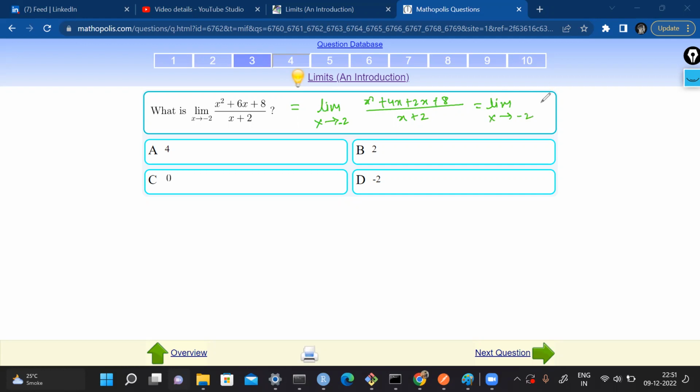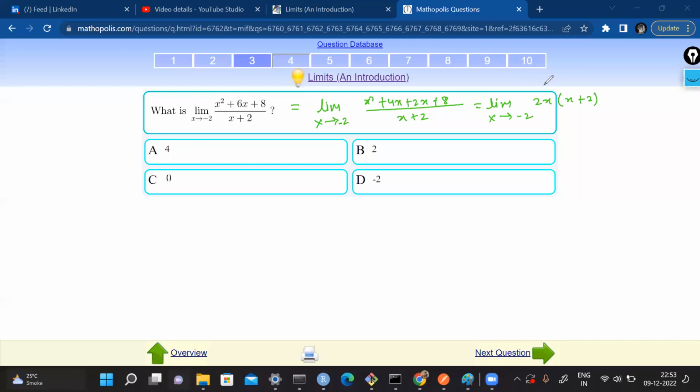We can take x as common, so this will be x plus 4. Sorry, I made one mistake over here; this will not be 2 here, I need to take x.